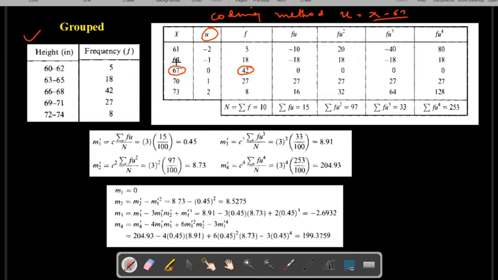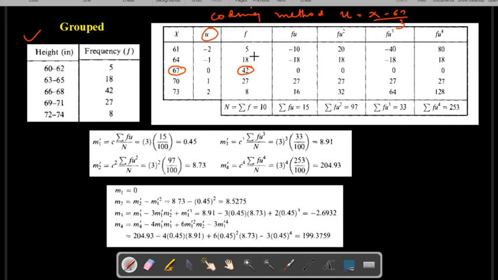When you subtract, 64 minus 67 is minus 3, then minus 6, here also 3 and 6. So 3 is a common factor, so you are dividing by 3. So x minus 67 by 3 is your u. That's what is written here.